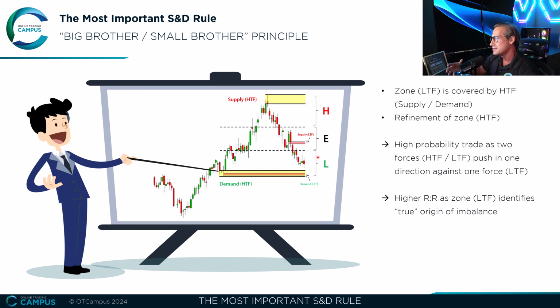Remember, the higher the time frame, the bigger the imbalance, the more unfilled orders, the higher the probability of a successful trade. So push in one direction against one force on the lower time frame.